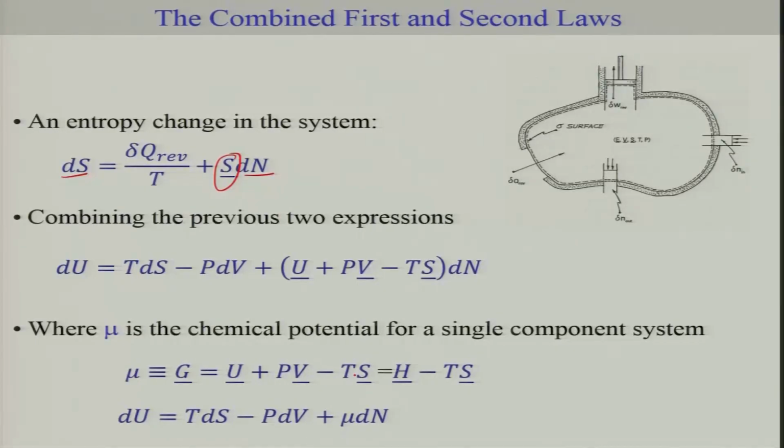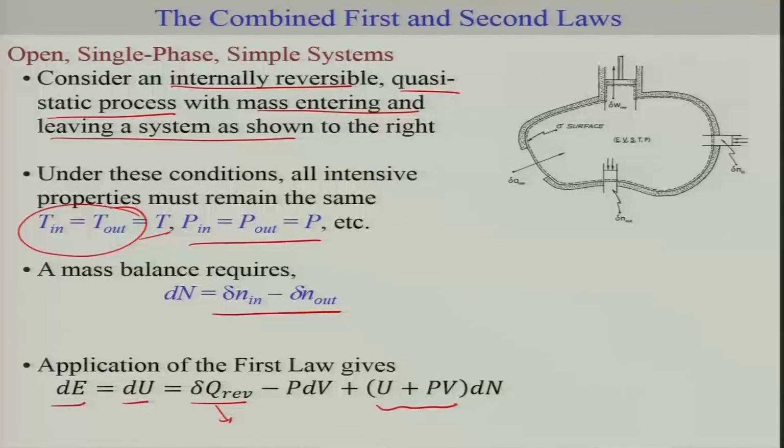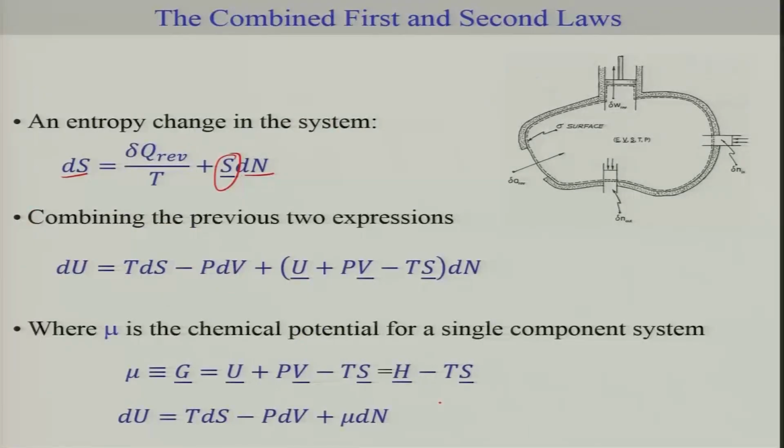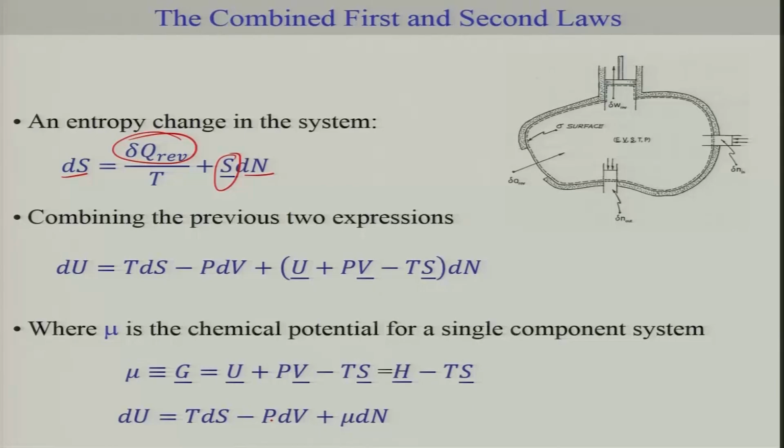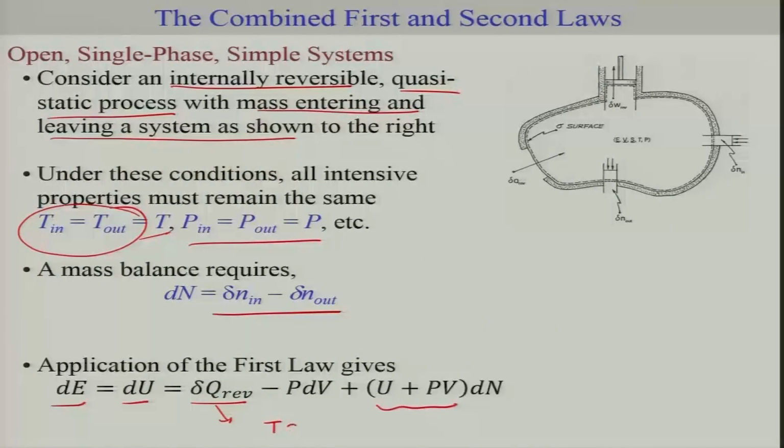Now, we can combine this expression with the previous one. We can rearrange this expression and plug in the expression of delta Q. This would be TdS minus T s dN, right.